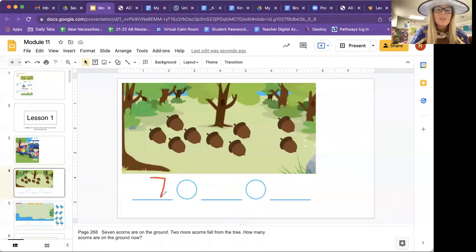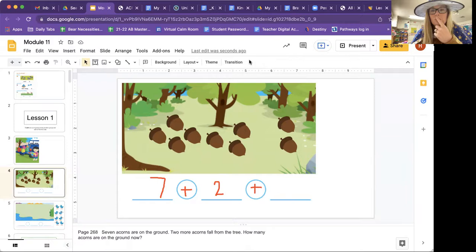What number would go here? Right, 7. And then what sign goes in this circle here? Is it takeaway? Minus? No, it's a plus sign. All right. And how many more fell from the tree? 2. Awesome sauce. And then what sign goes here?